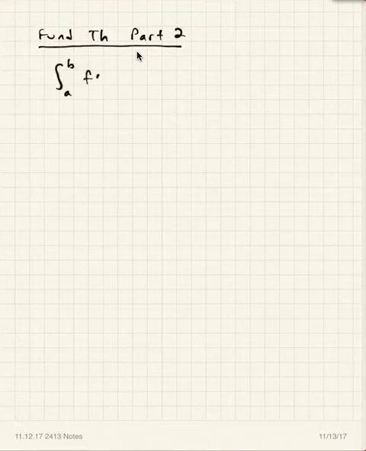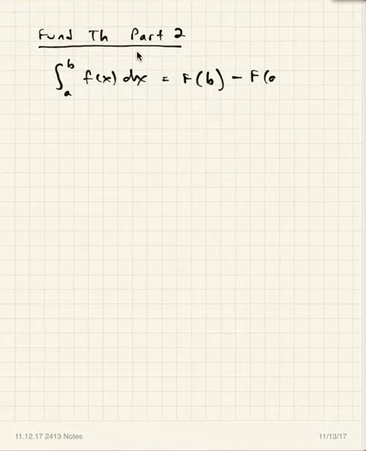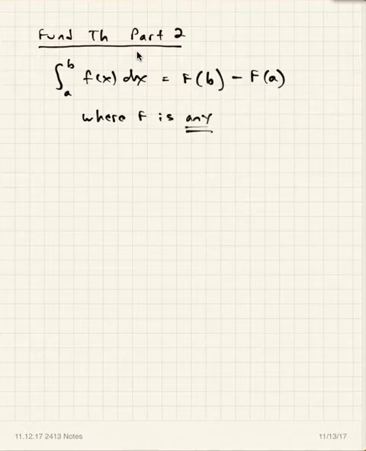And this fundamental theorem part 2 goes like this: the integral from a to b of f of x dx is simply equal to the capital F of b minus capital F of a. And notice that's capital F there, not little f. And so remember what capital F is. We used this notation before, where capital F is any, emphasis on the word any, antiderivative for little f.